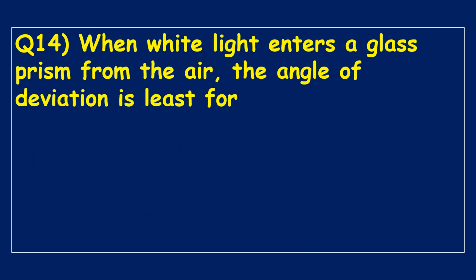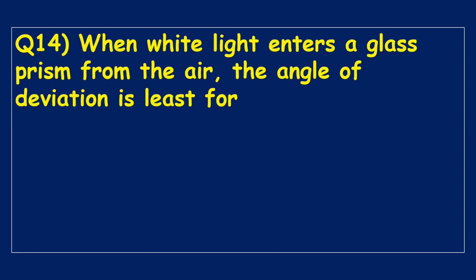Question: when white light enters a glass prism from the air, the angle of deviation is least for which color? See here, white light is entering from air, a rarer medium, into glass, which is the denser medium.